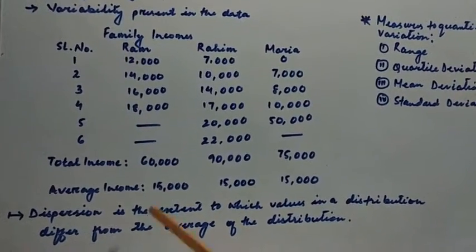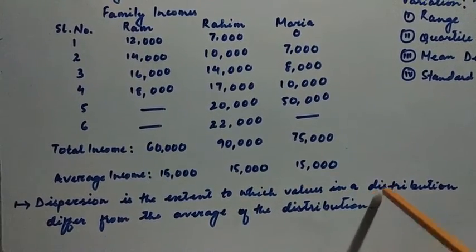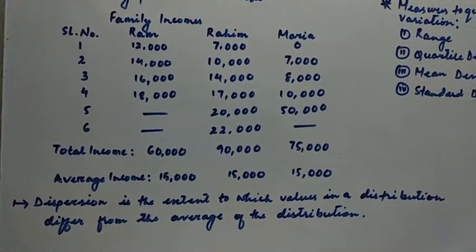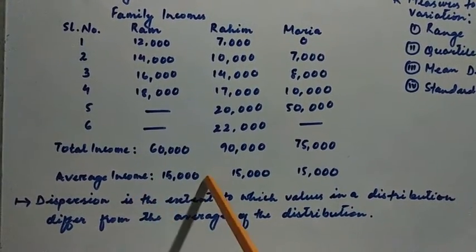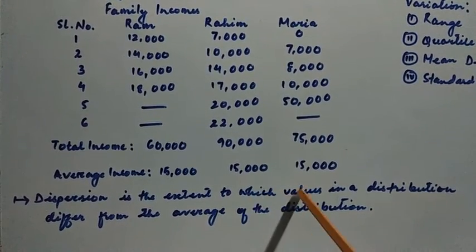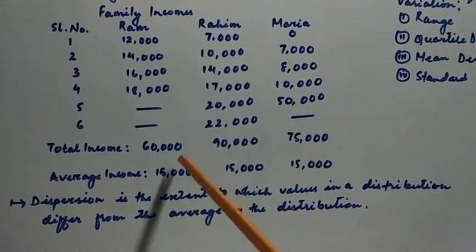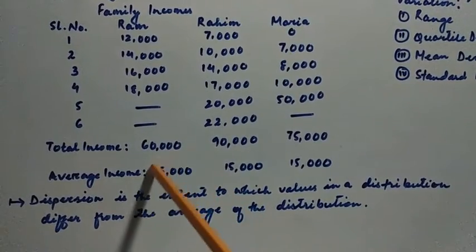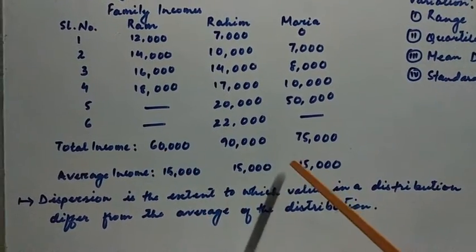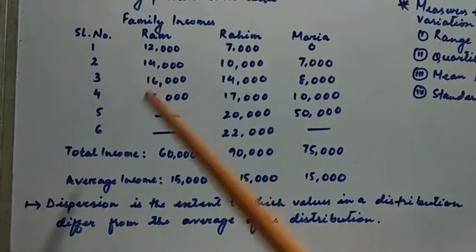Dispersion is the extent to which values in a distribution differ from the average of the distribution. Here the average is 15,000. How much is the difference between the average and the values given in the distribution is the dispersion.